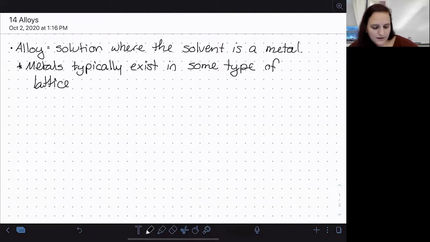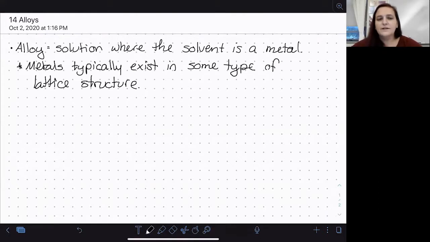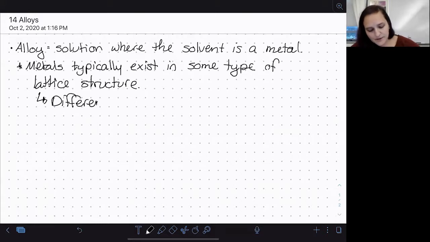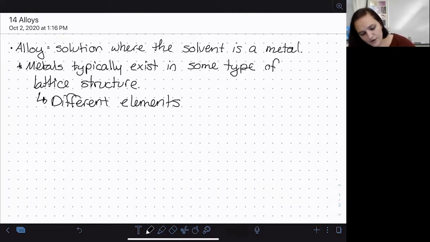But exactly how that lattice is going to form and exactly what it's going to look like depends upon the elements that are being combined. So different elements combine into different types of structures or different types of alloys. And we're going to talk about two today.